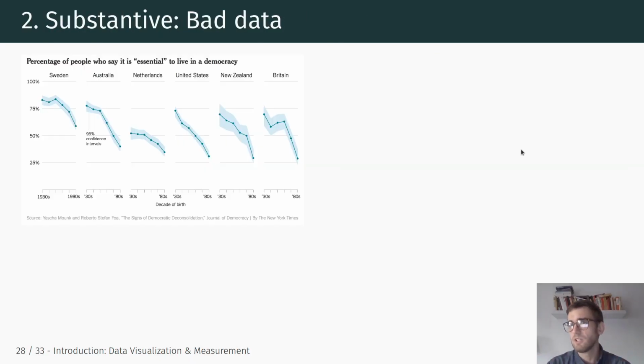Okay, so let's look at the substantive issues. So when we actually have bad data, and this is a really interesting example. There's an article that was published in the New York Times that discussed the percentage of people who say it is essential to live in a democracy across several developed countries.